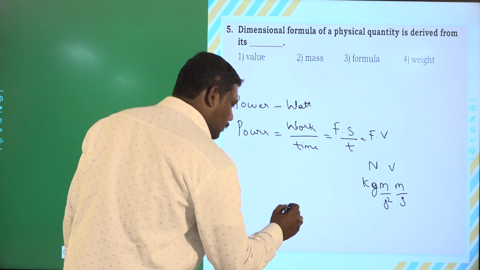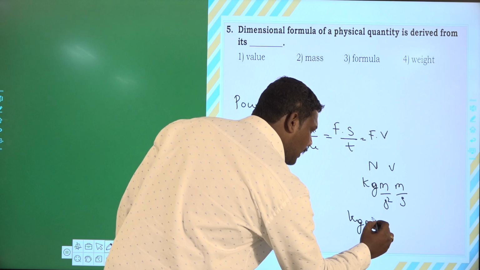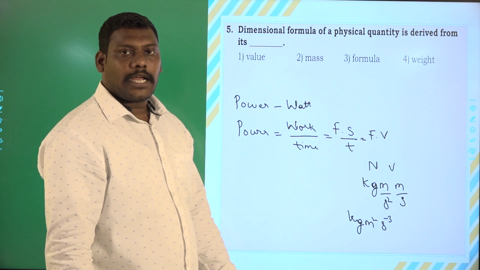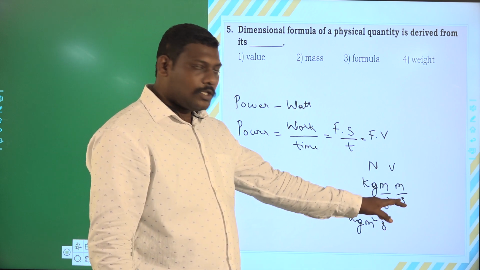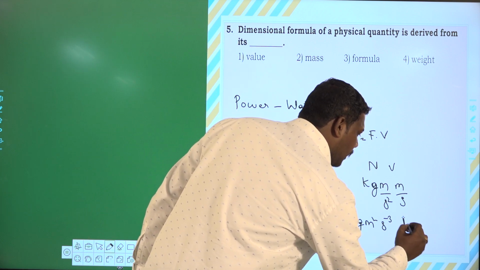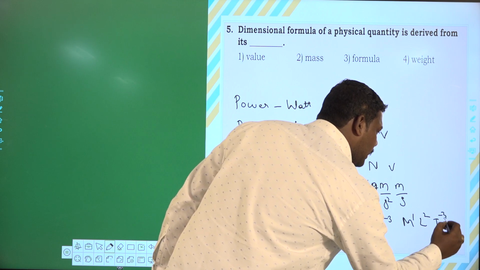So the total will be equal to kg meter square by second to the power of 3, or time raised to -3. So here the dimensional formula will be M power 1 L power 2 T power -3.